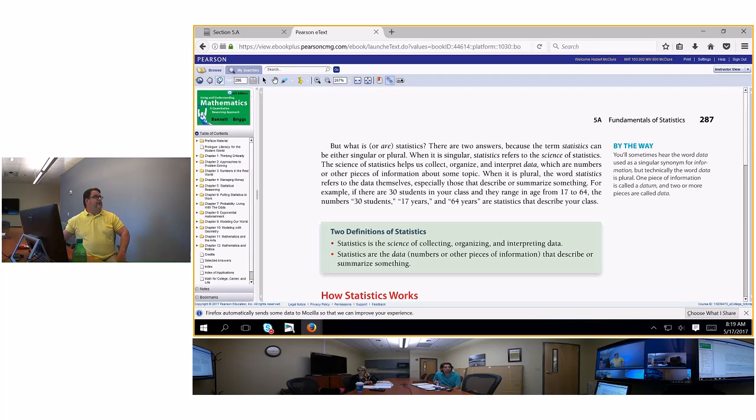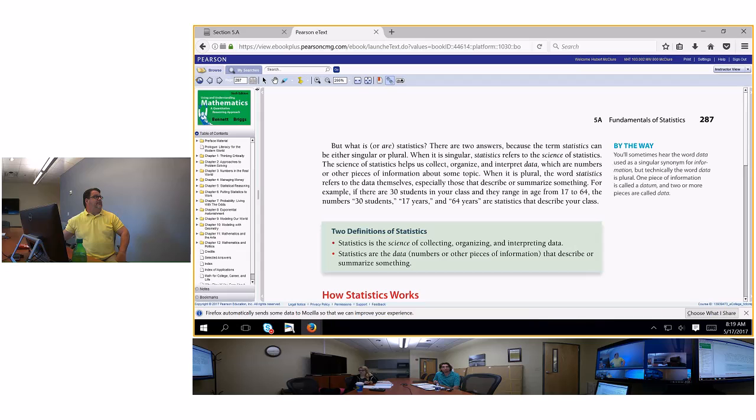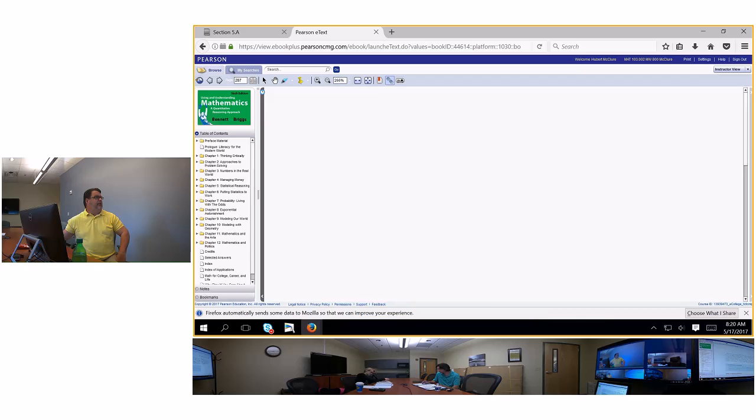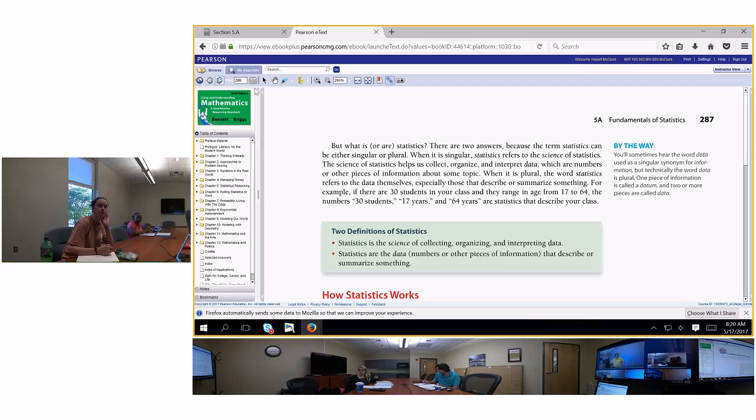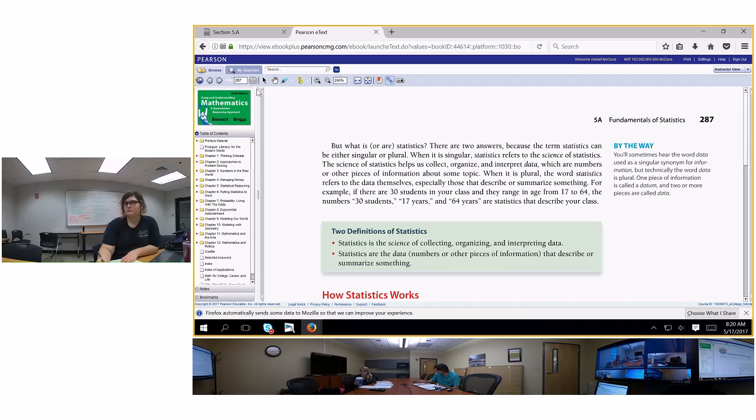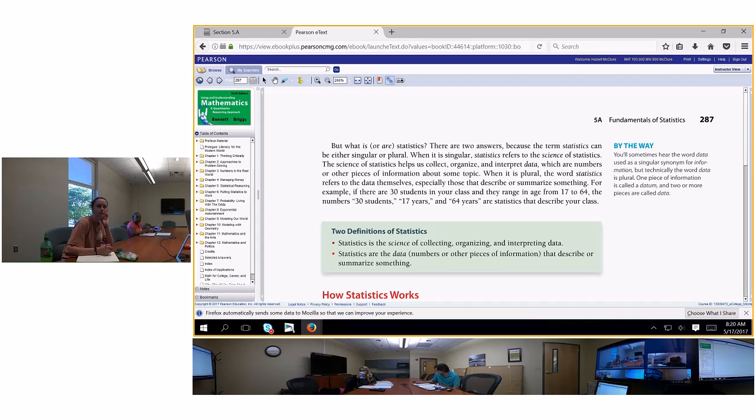All right, first definition that you need to highlight is that one right there. Statistics. There's two, well, I don't know what you call a word that has two different meanings, but we have one here.